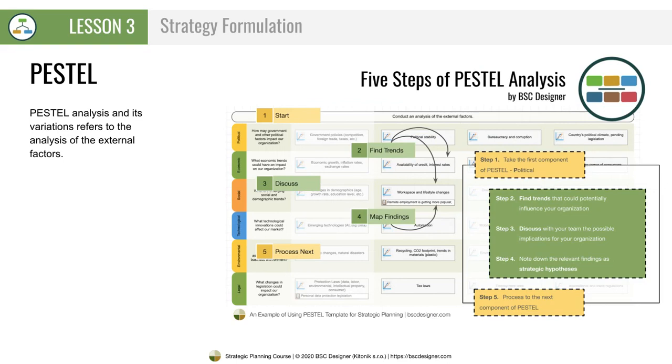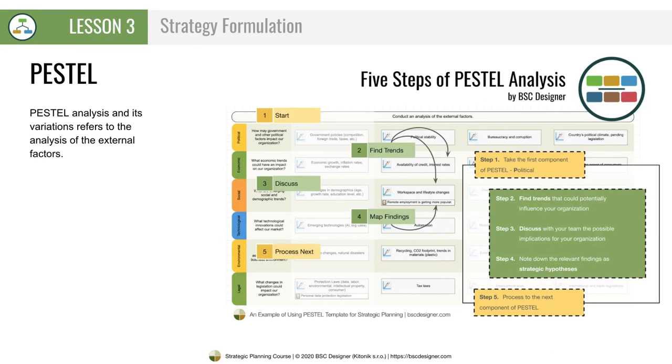PESTEL. PESTEL analysis and its variations refer to the analysis of external factors. What are those factors? Political, economic, social, technological, environmental, legal. What economic and social trends might impact your organization?